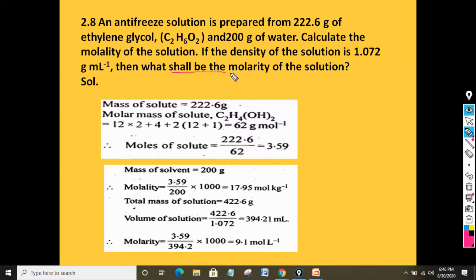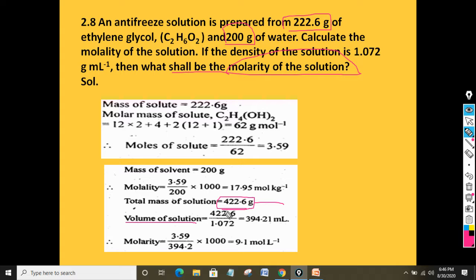Now we were asked to calculate the molarity of the solution. So volume of solution we have to find out, which is mass upon density. Density we were given, mass of solution we have 422.6. How did we calculate this? We add the solute mass and the solvent mass, 222.6 plus 200, we get 422.6 grams.